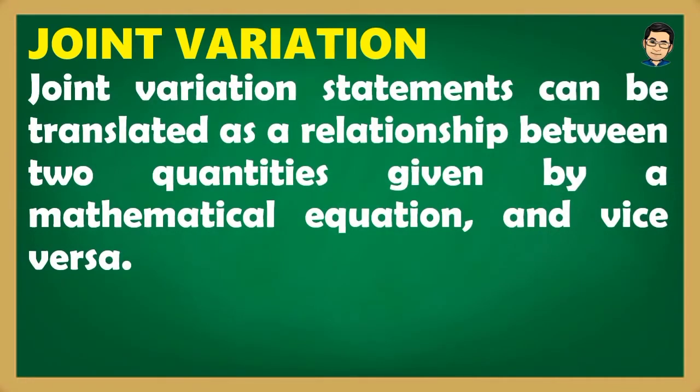Joint variation statements can be translated as a relationship between two quantities given by a mathematical equation and vice versa. As I've mentioned a while ago, hindi po natin pwedeng illustrate yung joint variation using table of values and graph. Applicable lang po yung table of values and graph kapag direct variation tsaka inverse variation po yung ating pinag-uusapan.